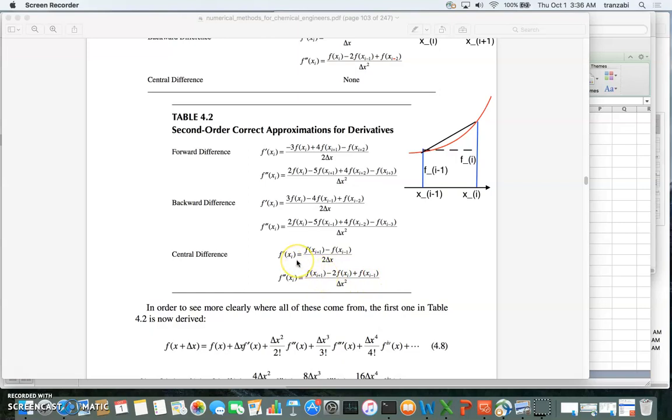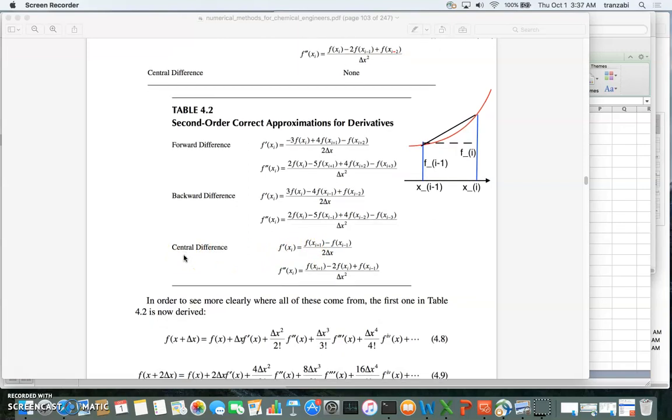Same thing with the first derivative. If you want to calculate the derivative at point I, we use function value at point I minus 1 and I plus 1. The center of this distance between I minus 1 and I plus 1 is xi. And that's why it's called central difference.